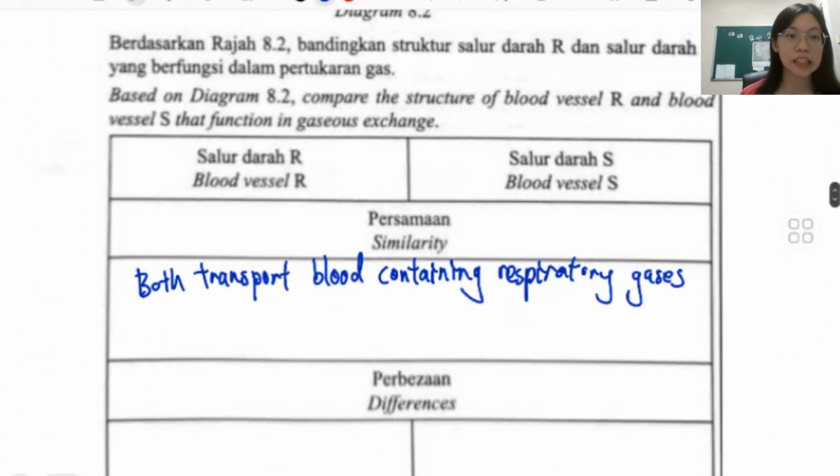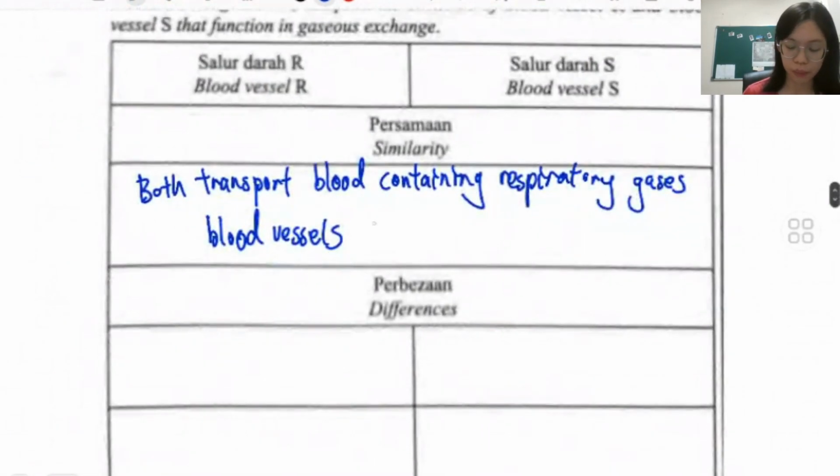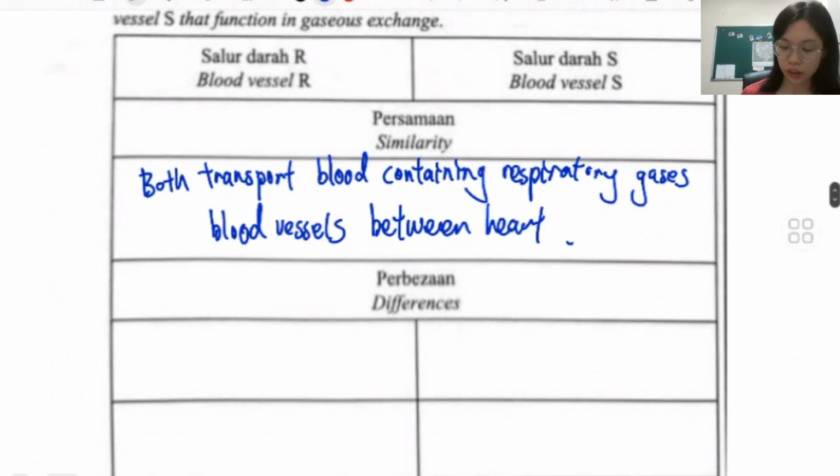But another answer that they also accept is both are blood vessels that connect between the heart and the lungs. So both are blood vessels between heart and lungs. This is another answer. You just write one, they accept one only.